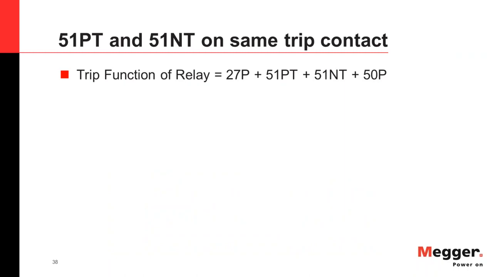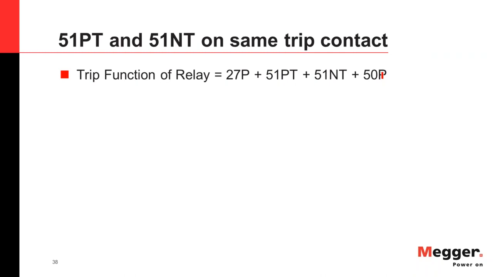So let's take now a second example of testing. This example says I have a 51P and a 51N element on the same trip contact. What it means is, let's say I have a microprocessor relay, and my relay has a trip function which has these 4 elements: an undervoltage element, a phase overcurrent element, a neutral overcurrent element, and an instantaneous phase overcurrent element.